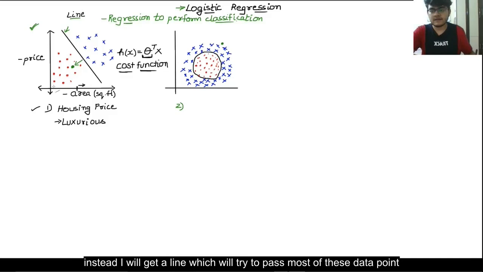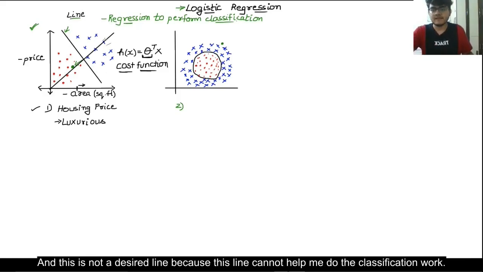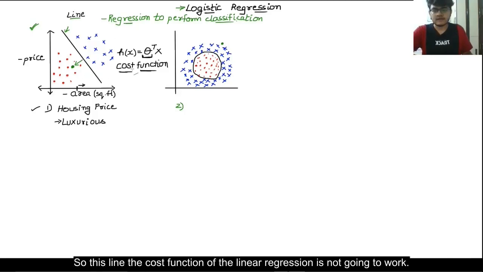Instead, I will get a line which will try to pass through most of these data points, and it will be something like this. This is not a desired line because this line cannot help me do the classification work. So the cost function of linear regression is not going to work.